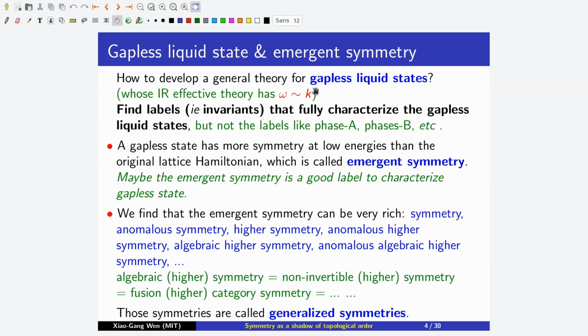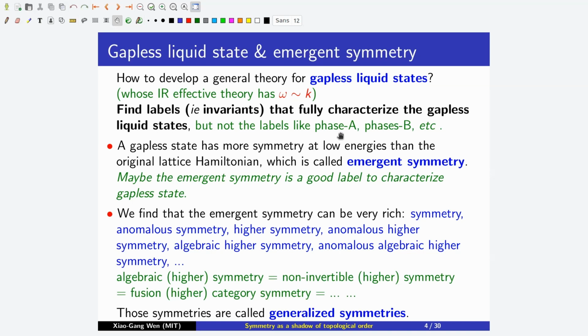Here, the energy really becomes zero at a single point of momentum, and the energy increases linearly with the momentum. So we feel that this kind of gapless liquid state may be easier, so probably we can use symmetry to determine them. That is the hope for why we consider all this symmetry.